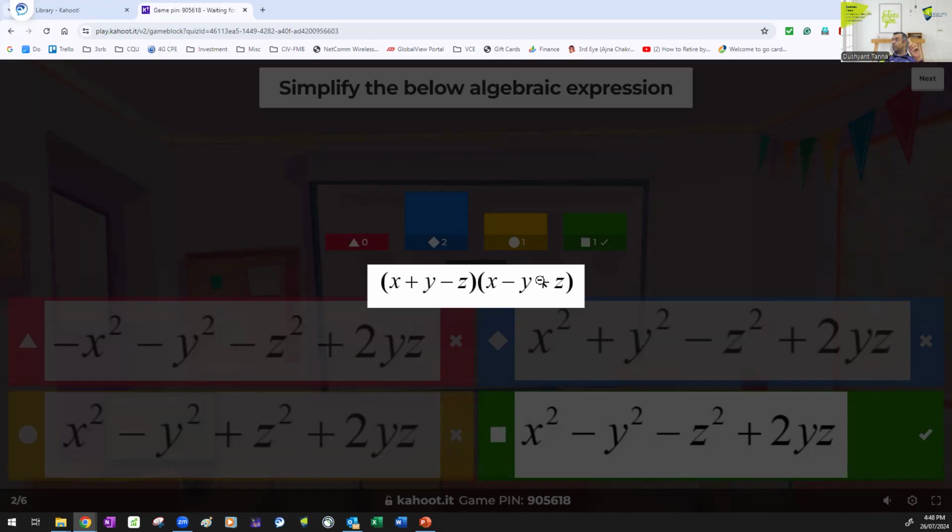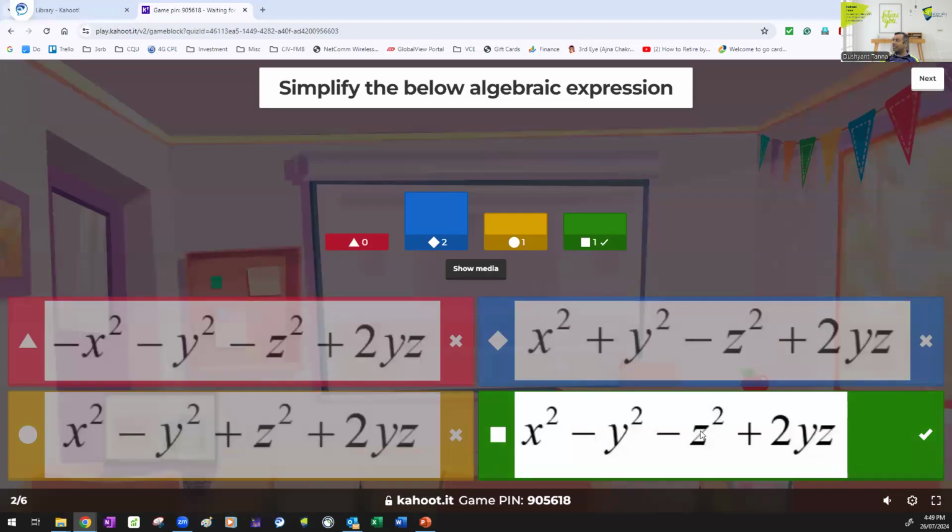X with x, plus y with negative y, so negative y squared. Nothing else. Don't look at anything else. And negative z with z. So positive x squared, negative y squared, negative z squared. That's it. And there is only one option with that. 10, 5, 4 seconds, that's it.